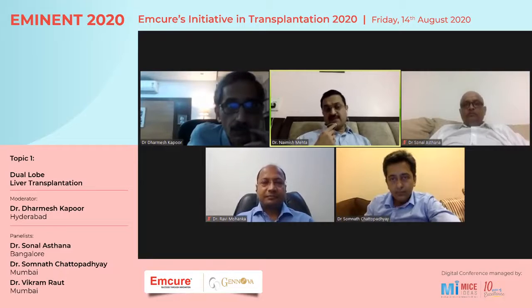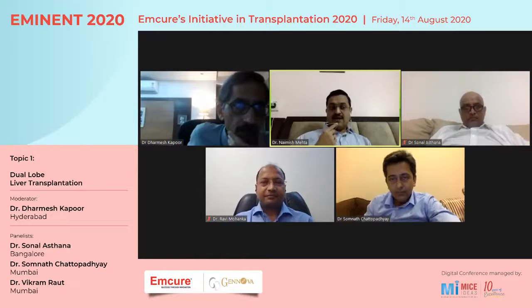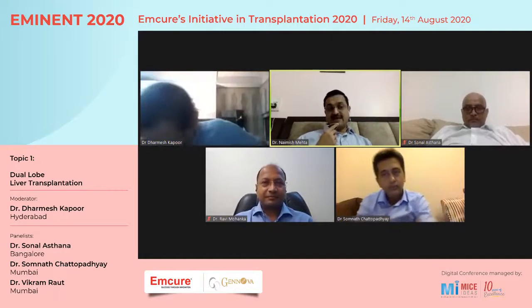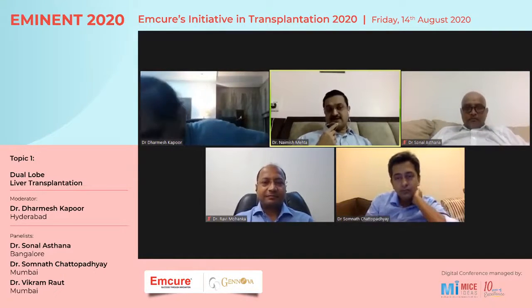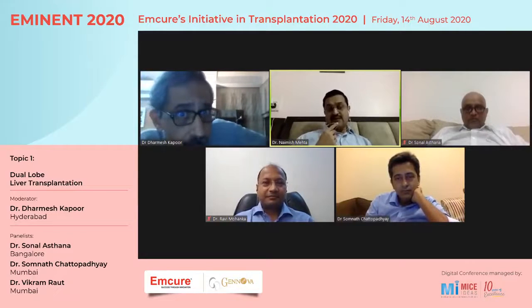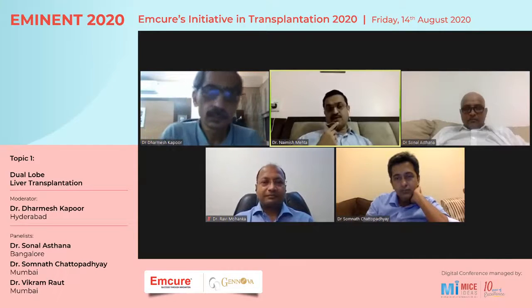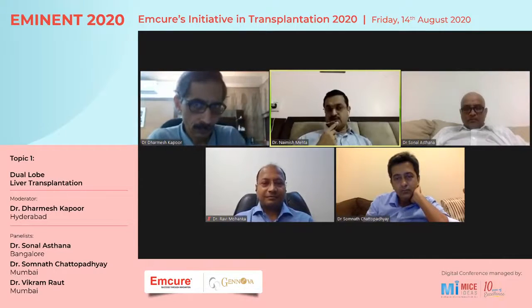But in case you get a graft which does not have any drainage of segment 5 and 8 into the right hepatic vein, then just putting in a right lobe and a left lobe volume-wise, a dual graft, is not justified, because in these cases the anterior sector has to be taken care of and the outflow has to be maintained. So yes, you will have to reconstruct the middle hepatic vein. Segment 5 and segment 8 need to be reconstructed and outflow has to be provided. Otherwise, there's no point in doing a dual lobe for the heck of it. You should not go ahead and do a dual lobe transplant in these cases.